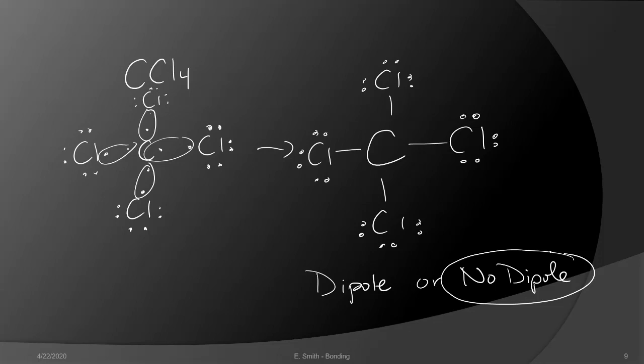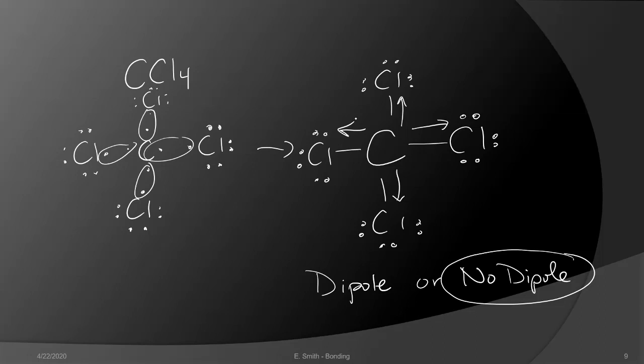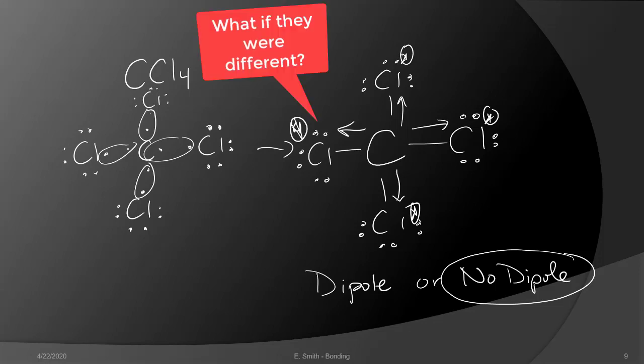Well, folks, if there's an equal pulling in all directions, what we end up with, ladies and gentlemen, is a substance that has no dipole, meaning it's being pulled in equal and opposite directions. Okay, so this is where shape plays a role here. Yes, the carbon and chlorine absolutely have totally different electronegativities, but all of these elements on the outside of the carbon are all the same. They're all the same.